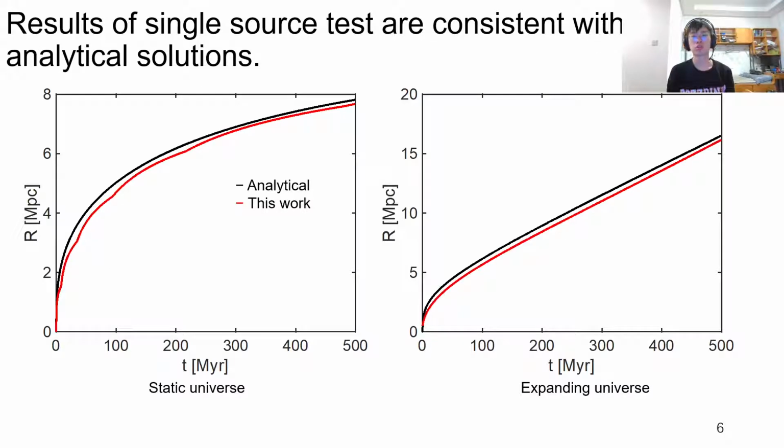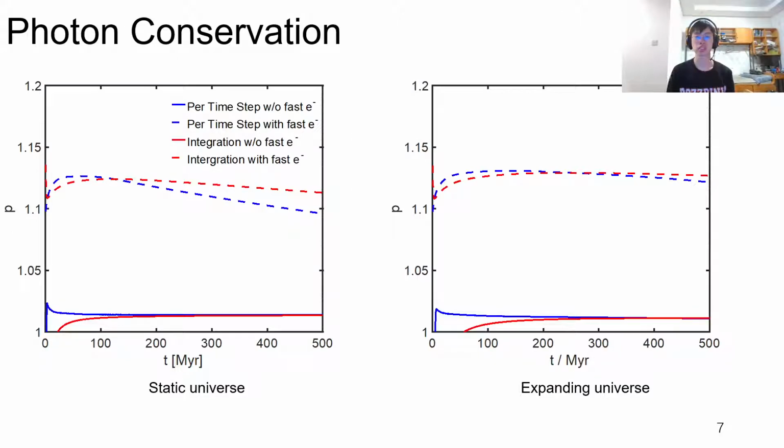We perform several tests. The first one is the single source test. We put a single source in a static universe and an expanding universe. Both of these cases have analytical solutions, and we find that our results are roughly consistent with analytical solutions. Then we calculate the ratio of photon budget and ionization numbers per time step and integrate it over different times.